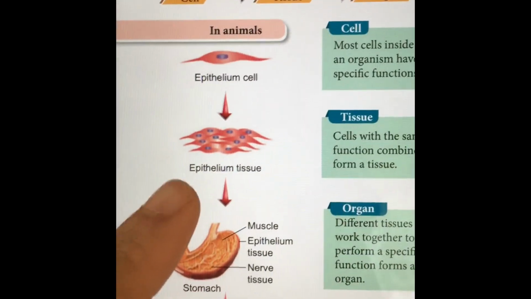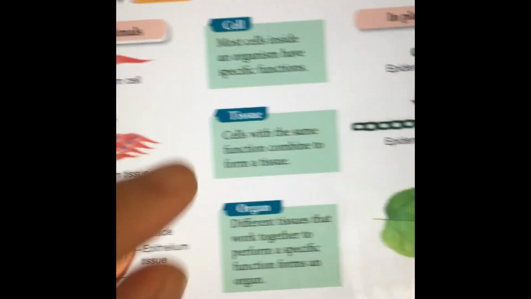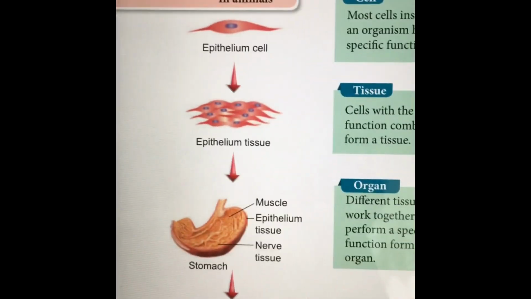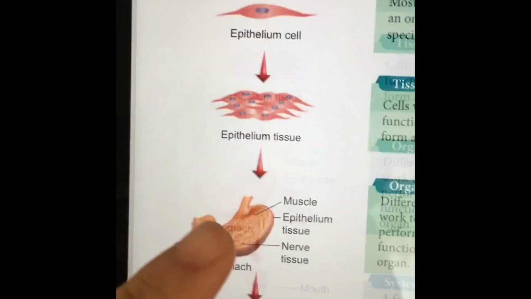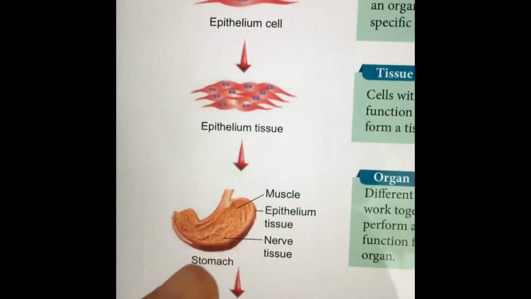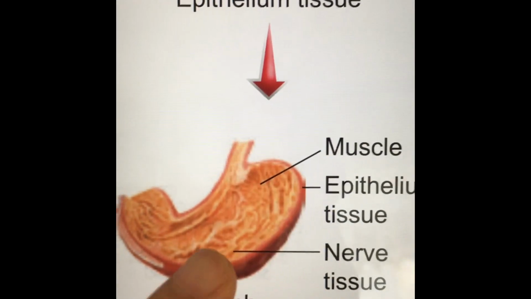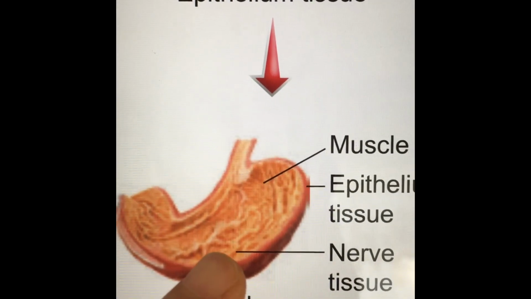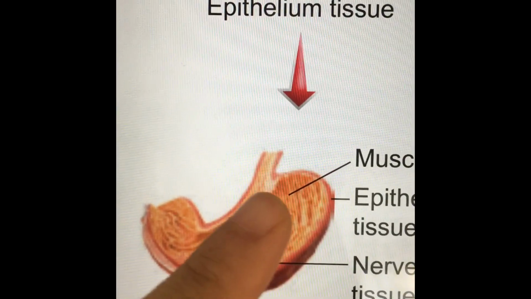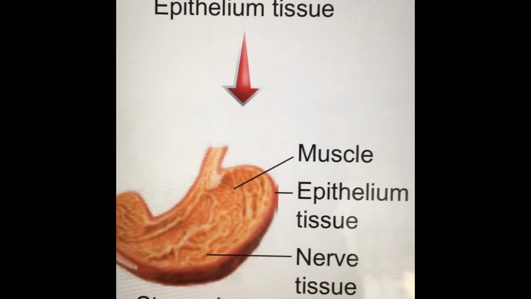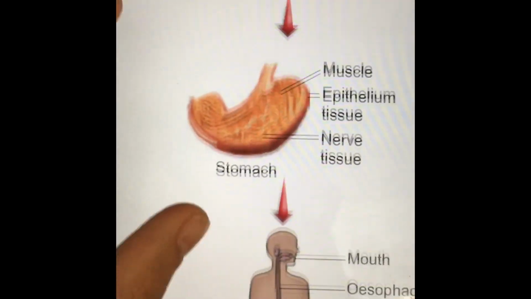And then when you have different tissue, the keyword is different tissues, you combine them together, you get an organ such as a stomach. So we have right here an epithelium tissue, we also have the nerve tissue, tissue saraf, dan kita juga ada otot juga adalah tissue. So jadi bila kita gabung semua tissue, kita dapat organ.